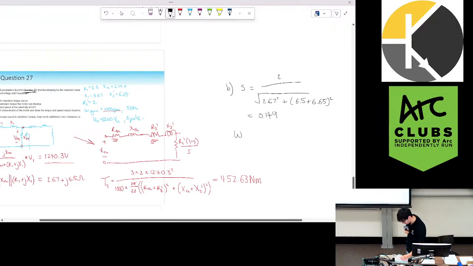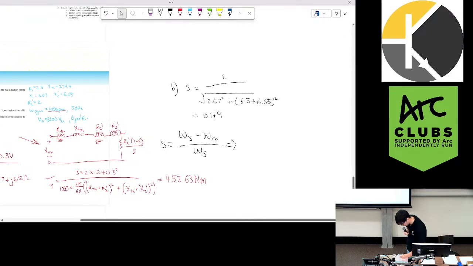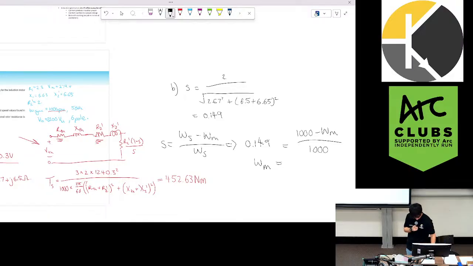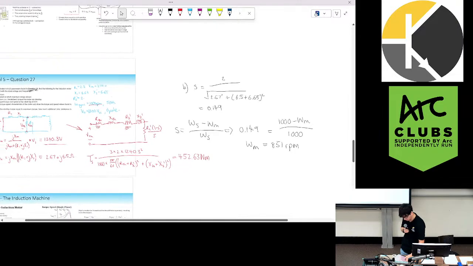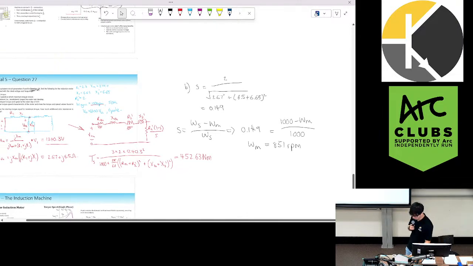We know S is omega S minus omega M on omega S. So we can rearrange this: 0.149 equals 1000 RPM minus motor speed over 1000. Rearranging, we get omega M is 851 RPM. Cool, so we found the maximum torque slip and the speed at that slip.